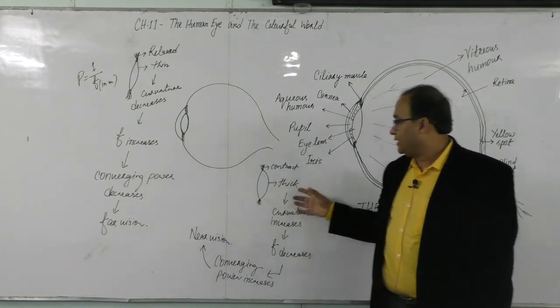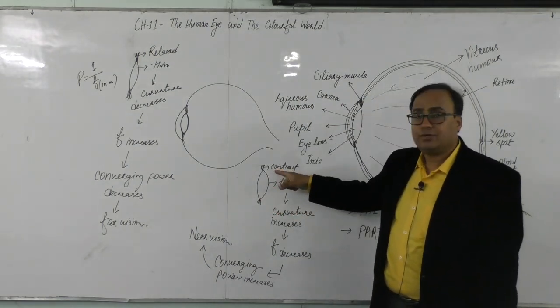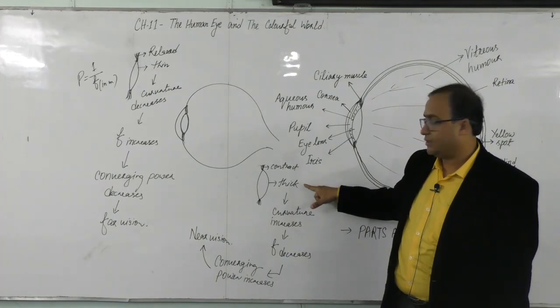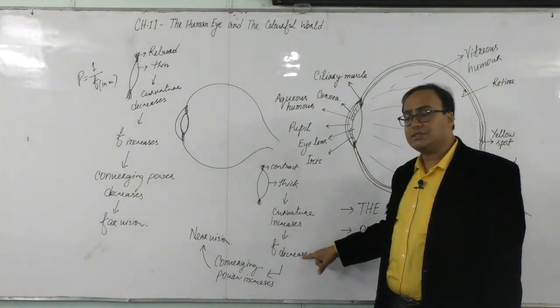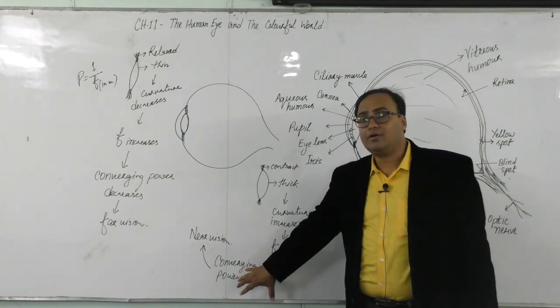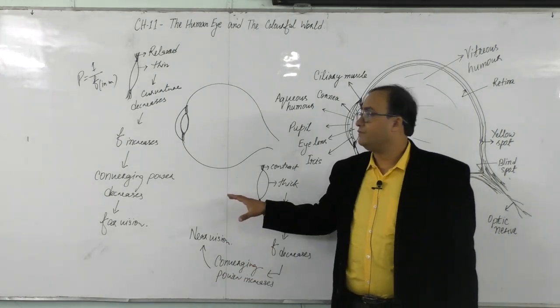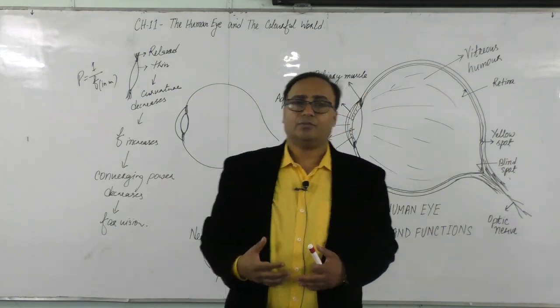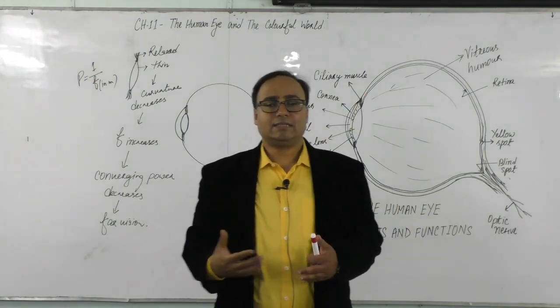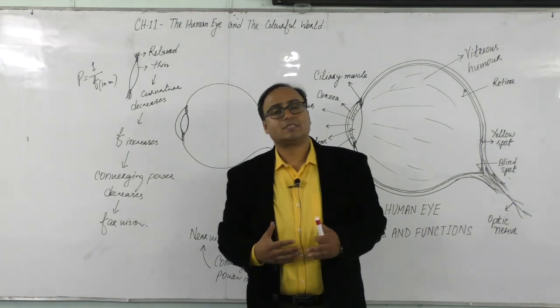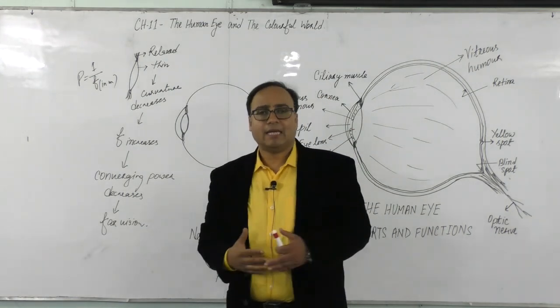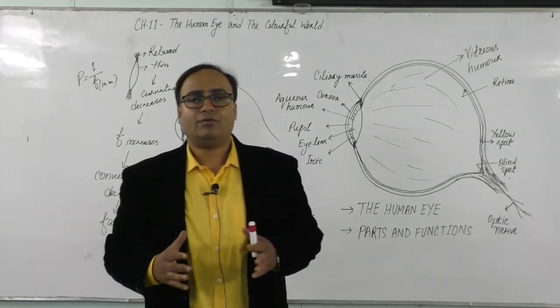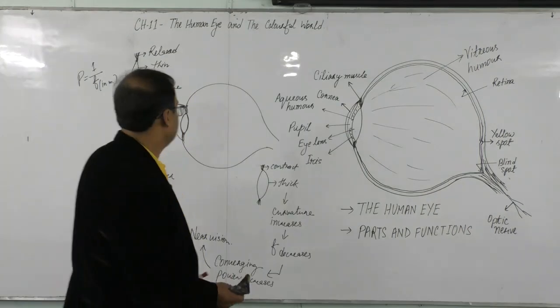So if you look at the sequence here, when the ciliary muscles contract, the eye lens becomes thick, curvature increases, focal length decreases, converging power increases, which helps in near vision. So by adjusting the focal length of the eye lens, we can see the distant as well as nearby objects clearly, and this special ability is called power of accommodation.